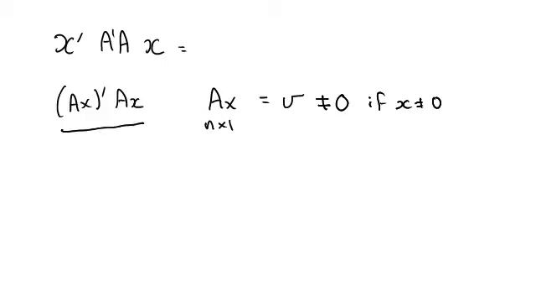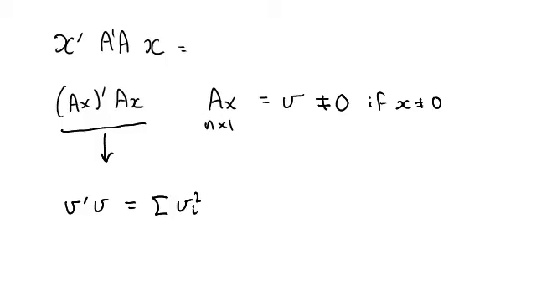For the final step, we look at this quadratic form and we see that we can write this as v transpose multiplied by v. That is just the dot product of v with itself, so it's the summation of vi squared. This clearly can never be negative, being a sum of squares, but that's only enough to tell us that it's positive semi-definite.